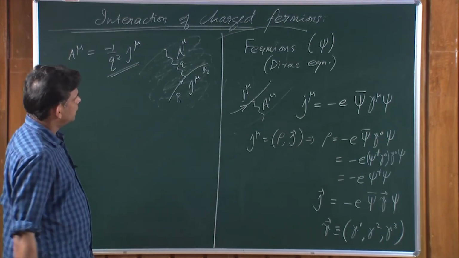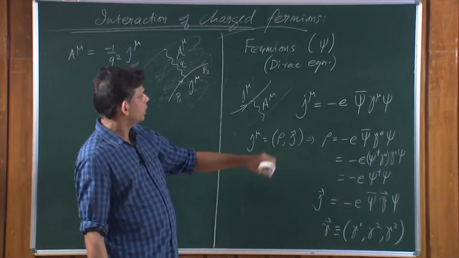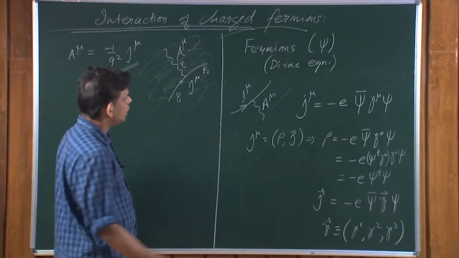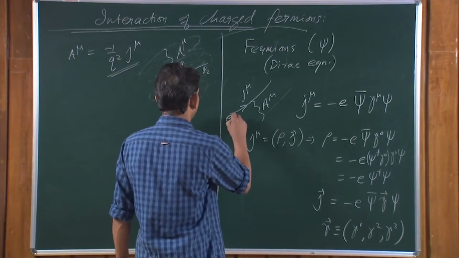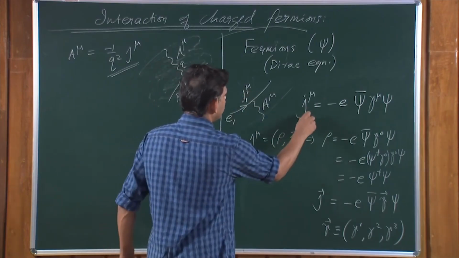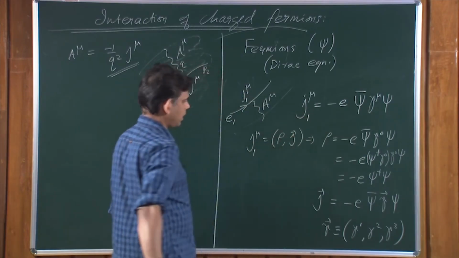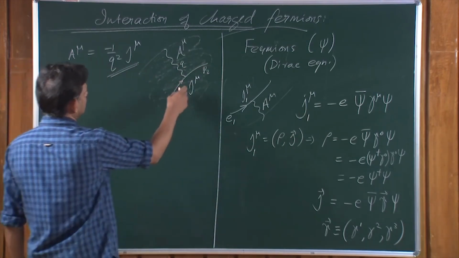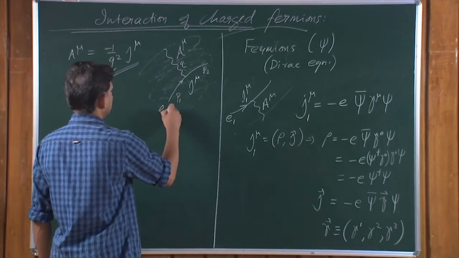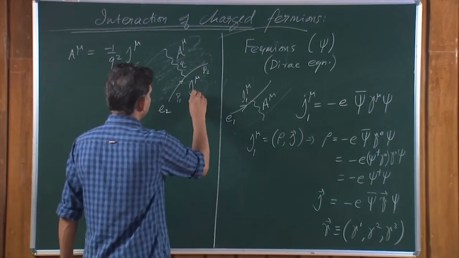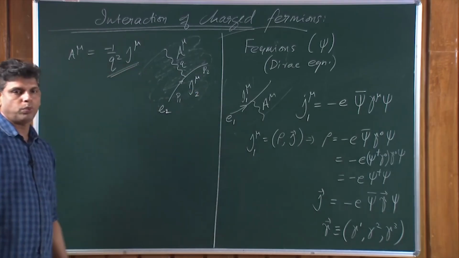Now, let us look at that and this together. For identification, let me denote this as electron 1 and the current due to that as J 1, and this as another charged particle, electron 2, and the current due to that is J 2.